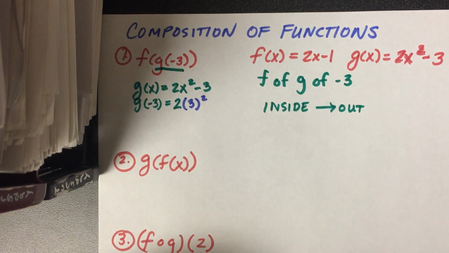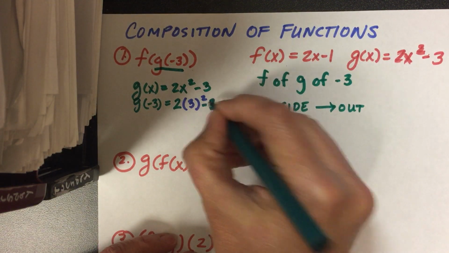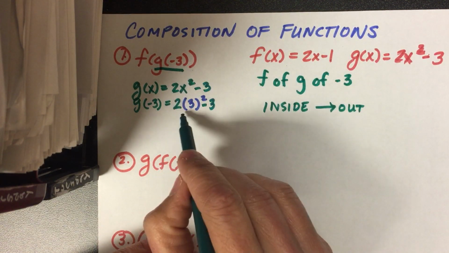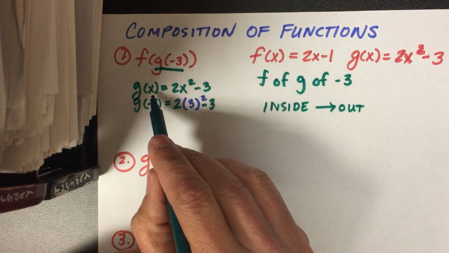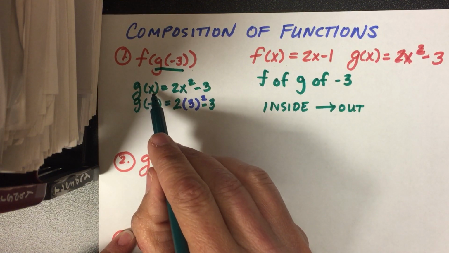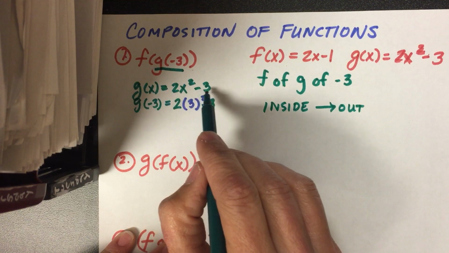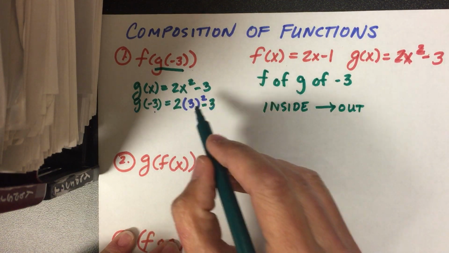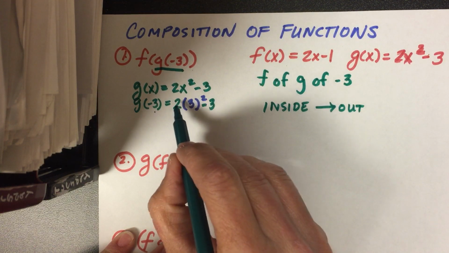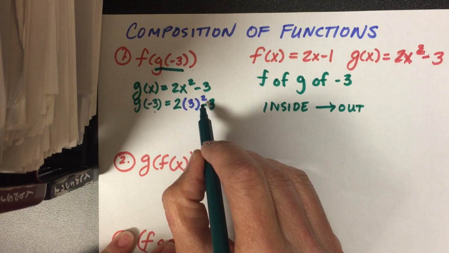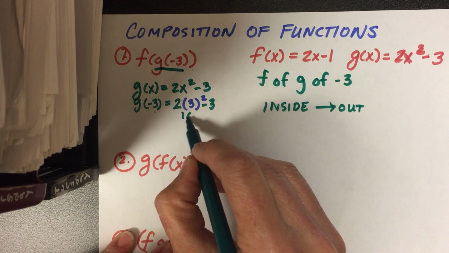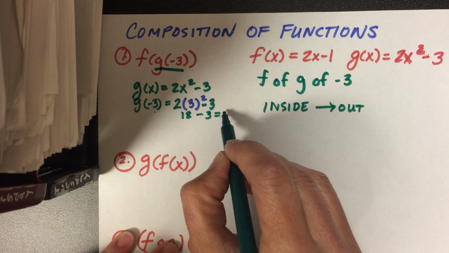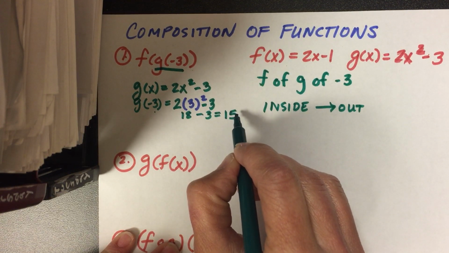I'm going to input a negative 3 in where I saw an x. Everywhere you have an x, because the x represents your input. So anywhere you see an x, you're going to input your value. I'm inputting a negative 3, so I'm going to put it in for x. Negative 3 squared is 9. 2 times 9 is 18. So we have 18 minus 3, which gives us 15.